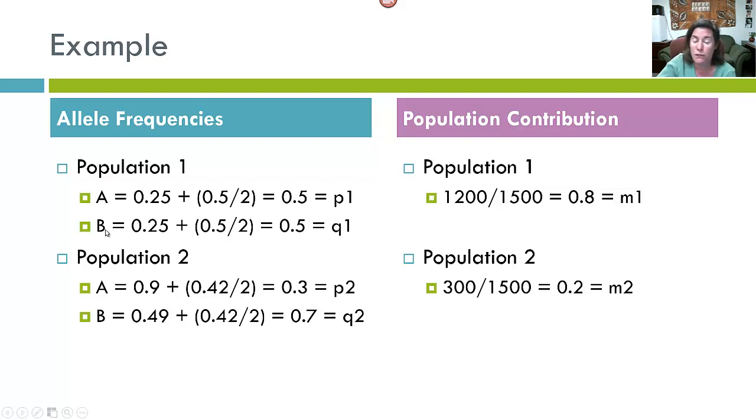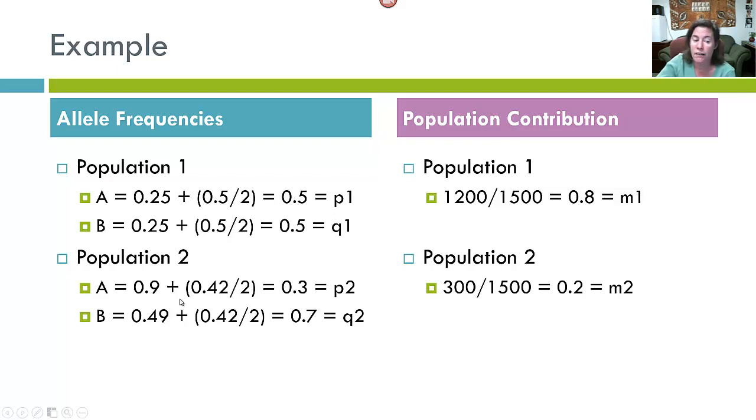The frequency of the recessive allele in population 1 is 0.25 plus half of 0.5 equals 0.5, which is Q1. In population 2, the frequency of the dominant allele A is the homozygous dominant genotype, 0.9, plus the frequency of the heterozygote, 0.42.